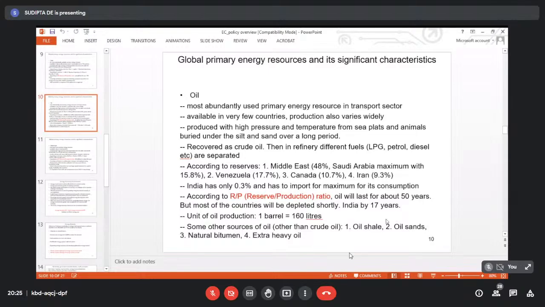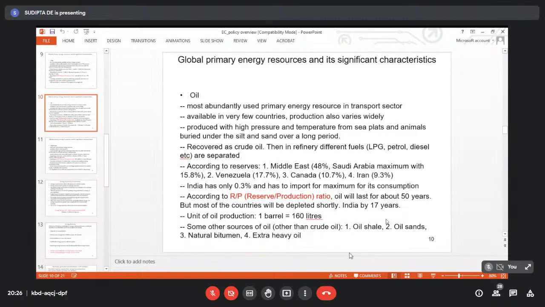Anyway, according to reserves, not like coal, specifically the Middle East has almost 50% of the entire oil reserve. Out of that, Saudi Arabia has the maximum with 15.8%. That means a single country which doesn't have that much land area has the maximum oil reserves, almost 1/6, more than 1/6 and less than 1/5 of total oil reserves.